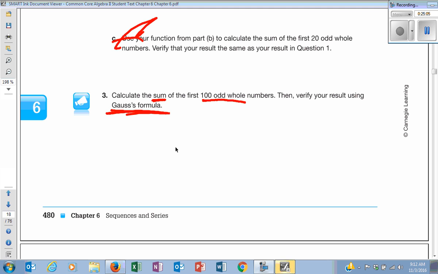So just to give you some hints, you're going to have to do the sum at 100 equals, n is 100 in this example, because I'm going to the 100th one. My first odd number is 1 plus a_n. I don't know that value, over 2.